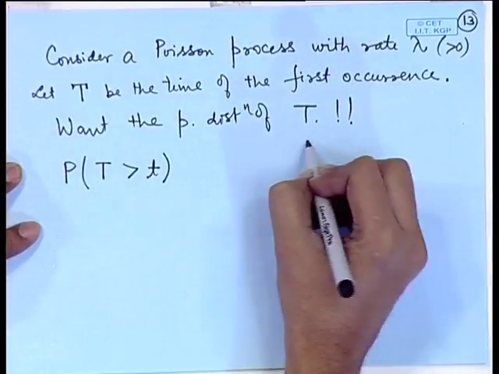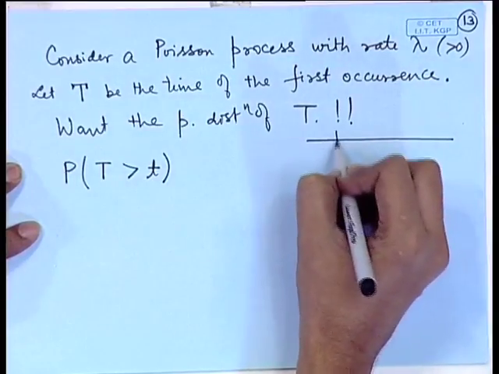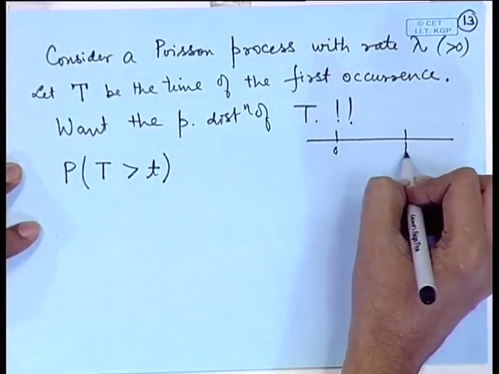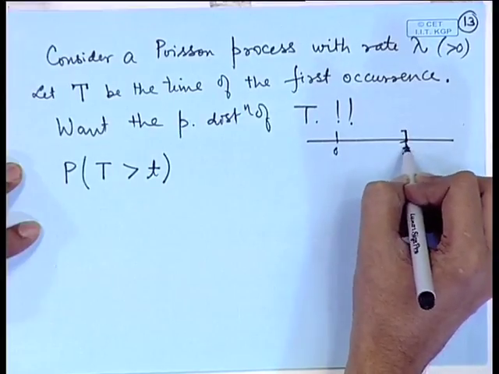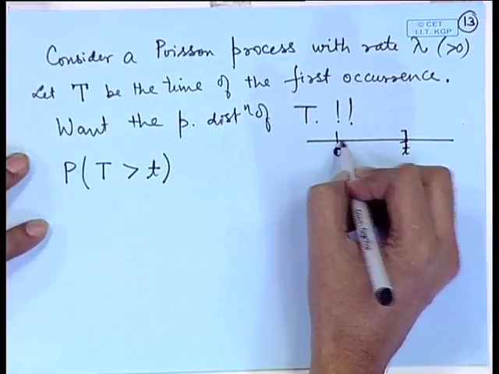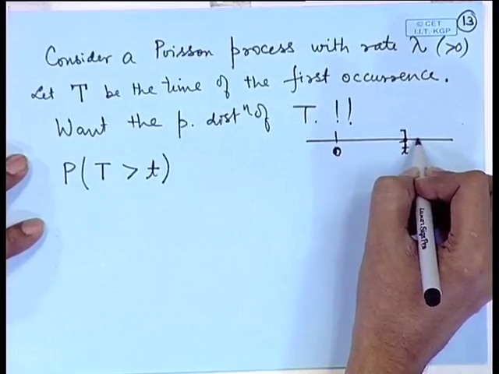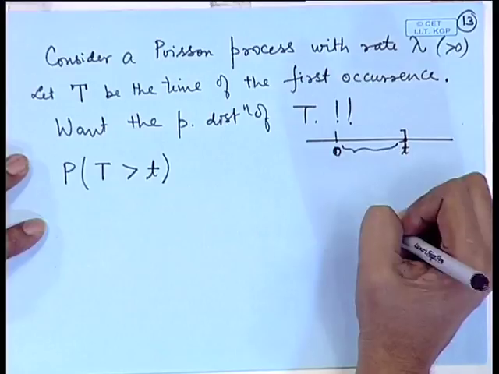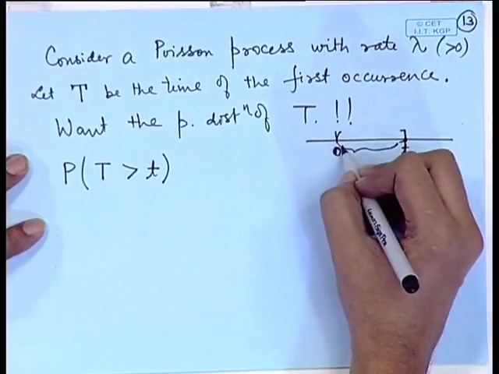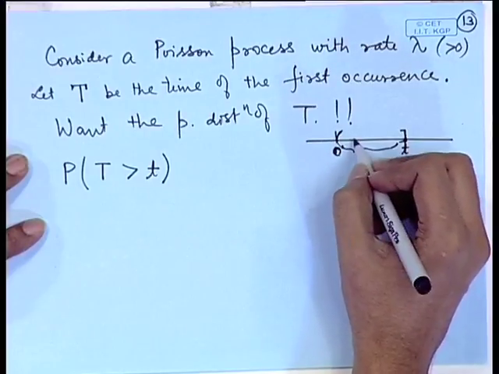If we are observing the process from time 0 up to time small t, that event has not taken place. That means in the interval 0 to t, the number of occurrences is 0.